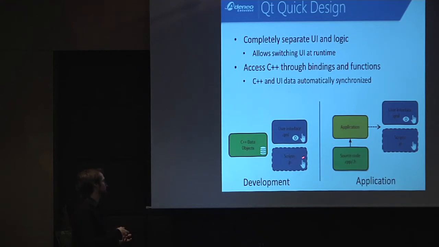JavaScript files are optional, and you can use them to do computation or whatever you want for the application. When running it, your C++ code is compiled into an application, of course, and at runtime you load your user interface. This means that, for example, if you want to download your user interface from the internet at runtime, that's not a problem. You just put some URL instead of loading a local file or a resource file, and that will work as is.